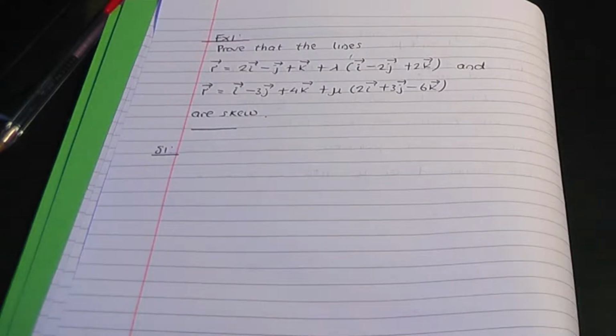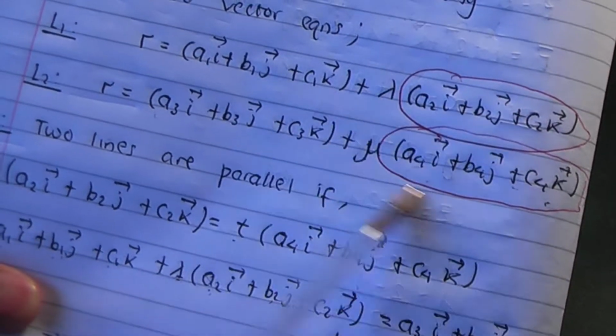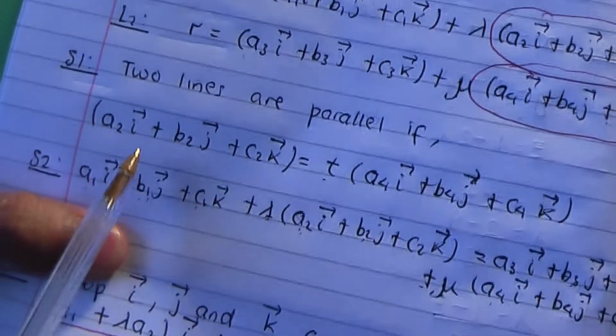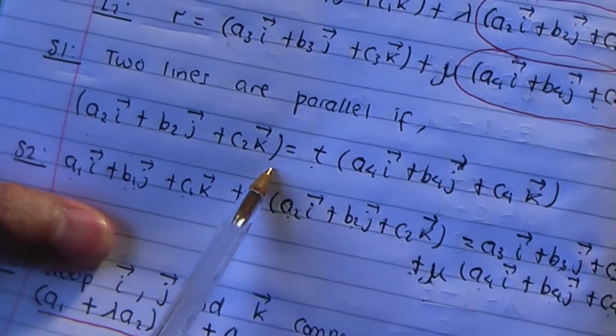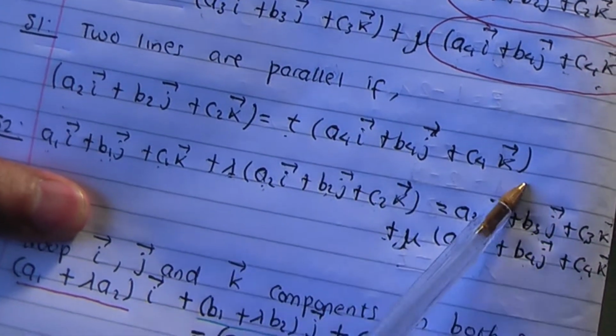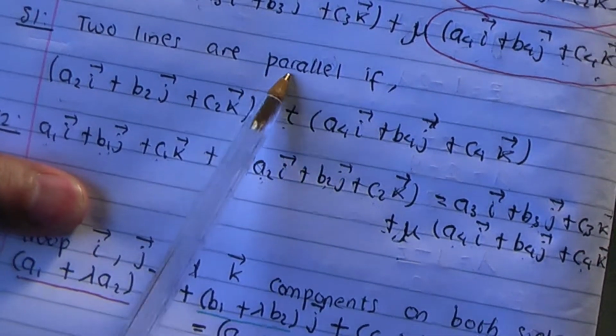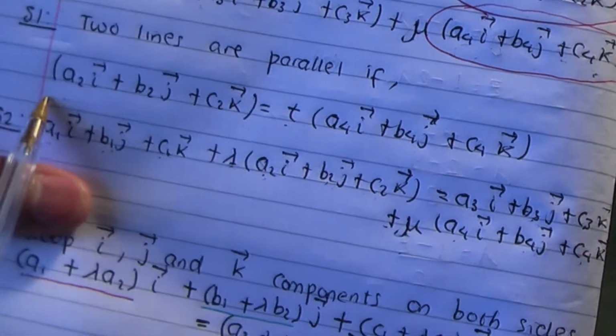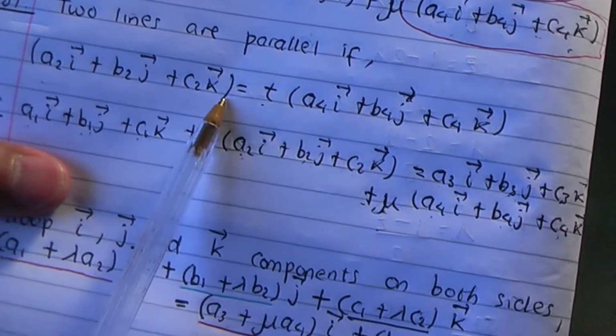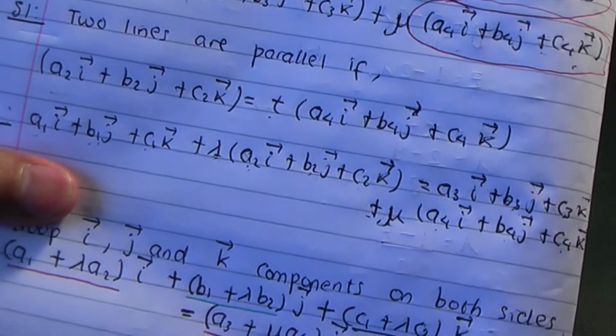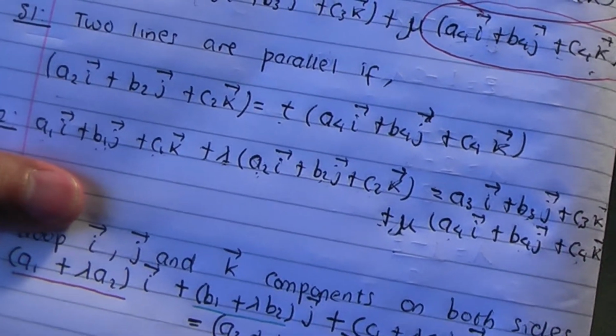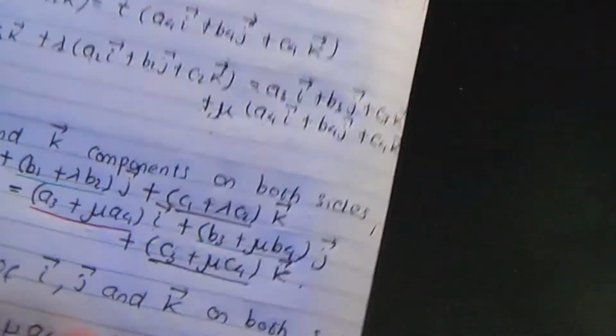To prove that, look at your direction vectors, and if one of the direction vectors is a scalar multiple of the other, that implies that they're parallel. However, if one is not a scalar multiple of the other, that implies that they're not parallel. So that is step number one.